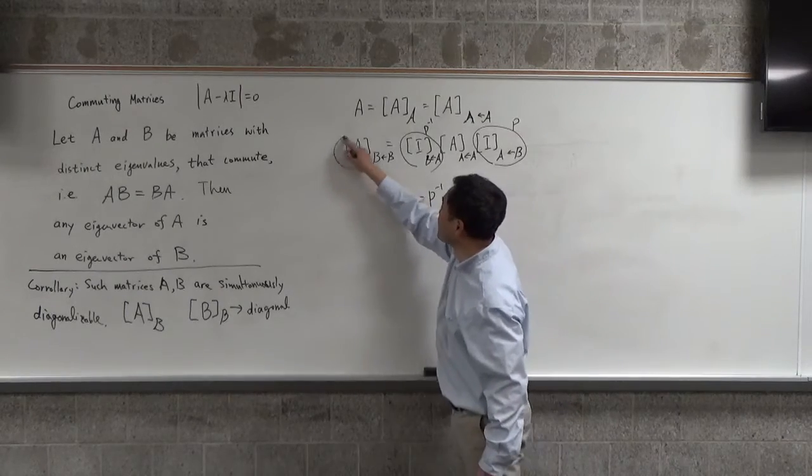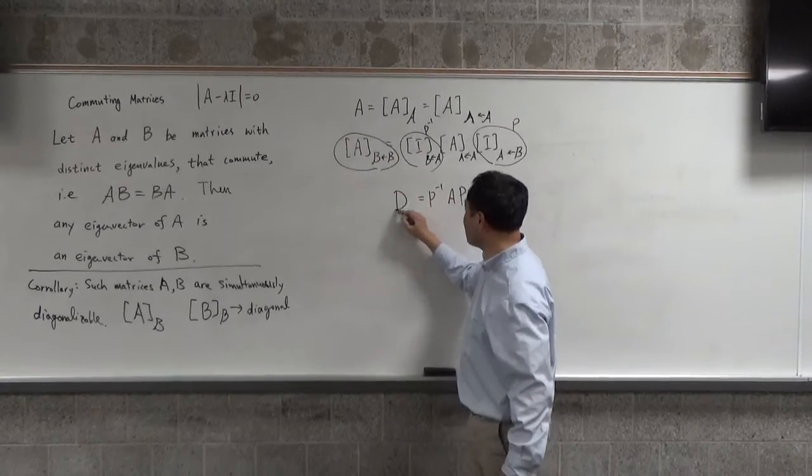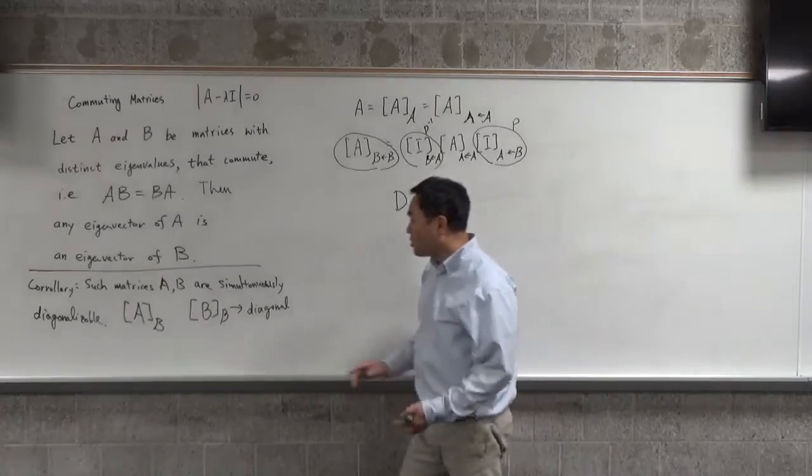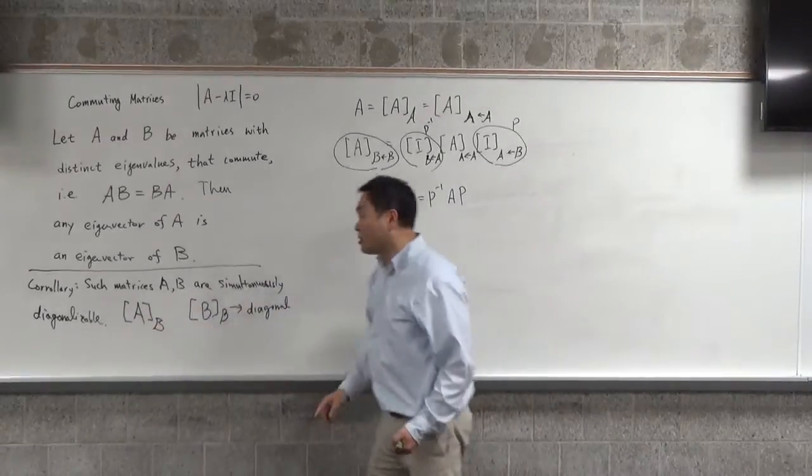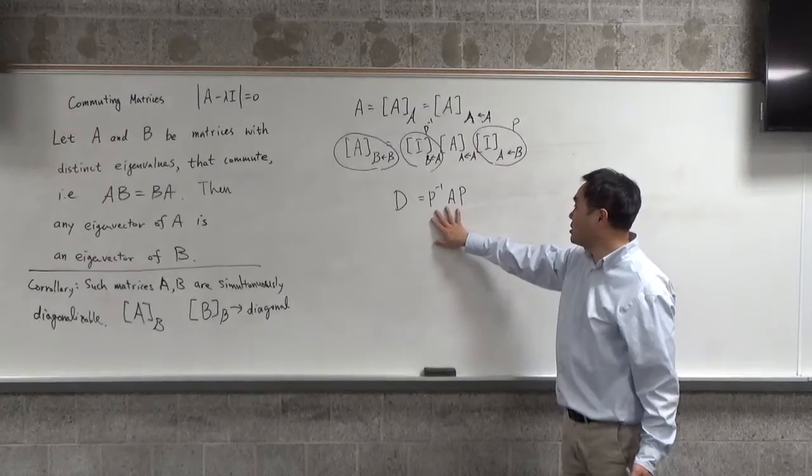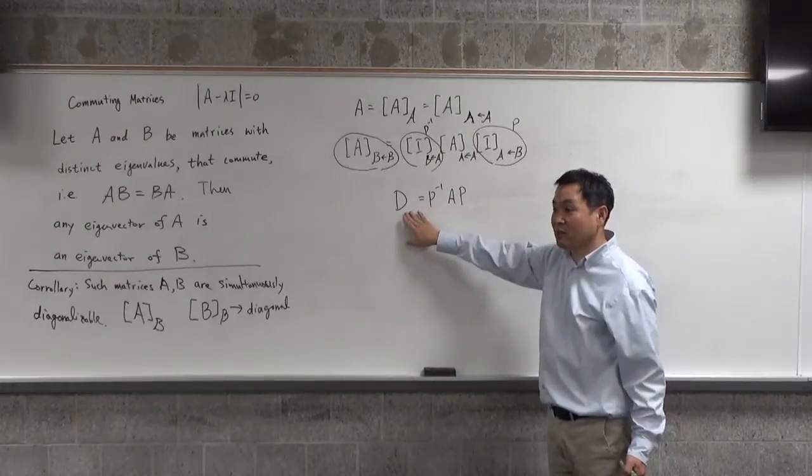Because I'm claiming that this is a diagonal matrix, let's write D for that. So another way to say that this is a diagonal matrix is to say that P inverse AP is diagonal.